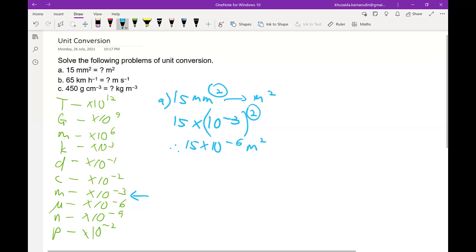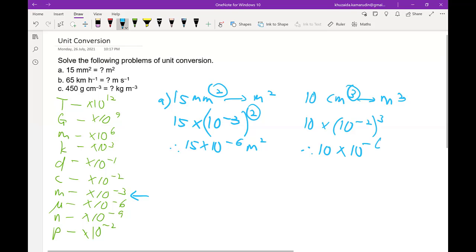Let me give another example. You have 10 centimeter cube. You want to convert into meter cube. So again, what are you gonna do? 10 times 10 to power of, centi is negative 2, and then power of 3, because here there is power of 3, cube. So what you're gonna have is 10 times 10 to power of negative 6.